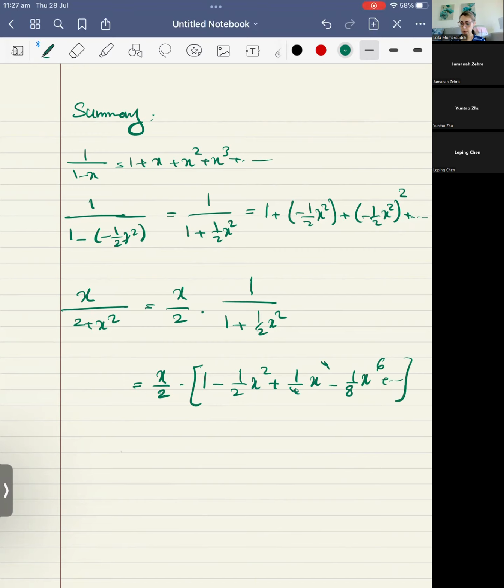That would be equal to x over 2 minus x cubed over 4 plus x to the 5 over 8 minus x to the 7 over 16 and so on. You know, I use the one series to find the answer for another series.